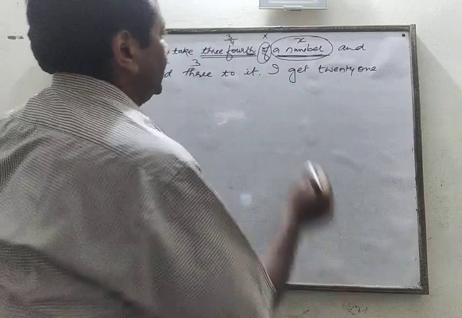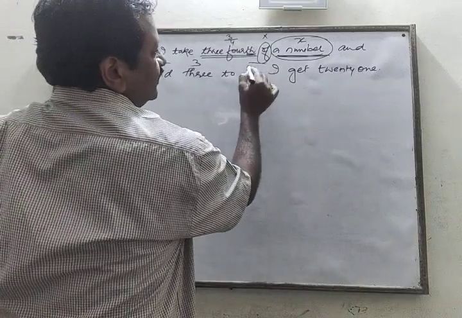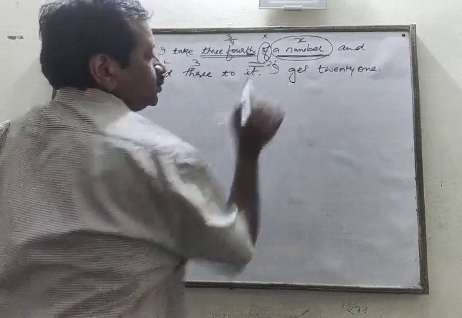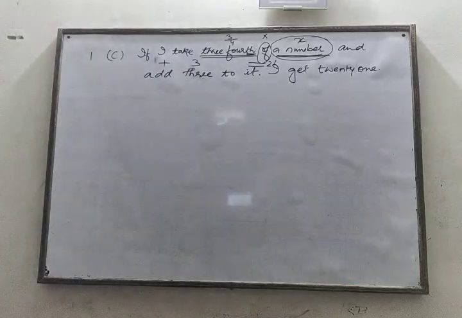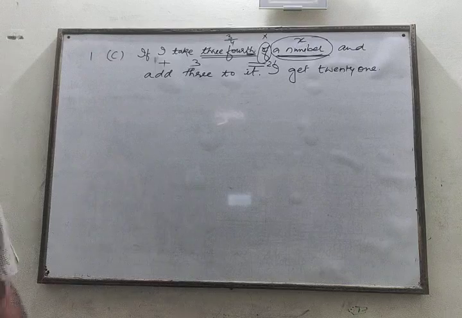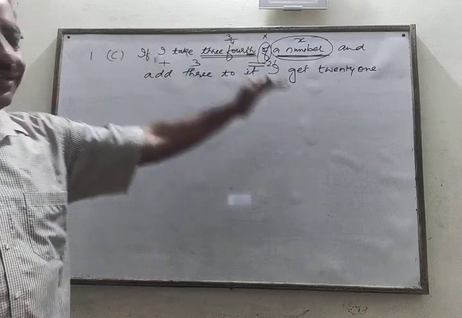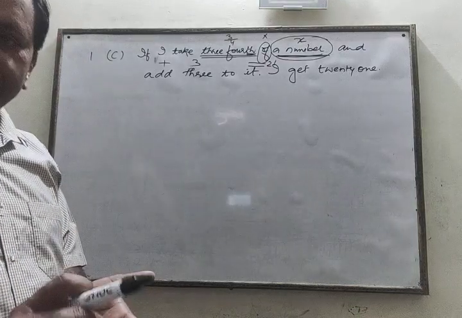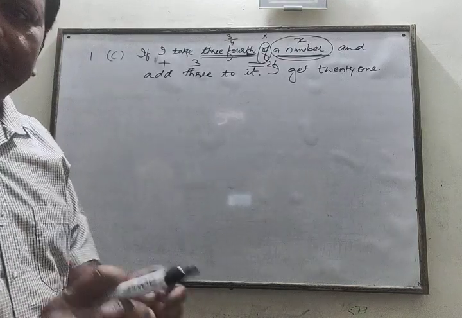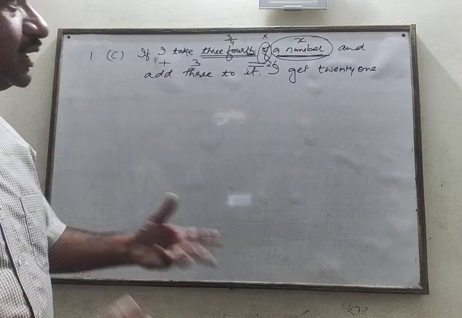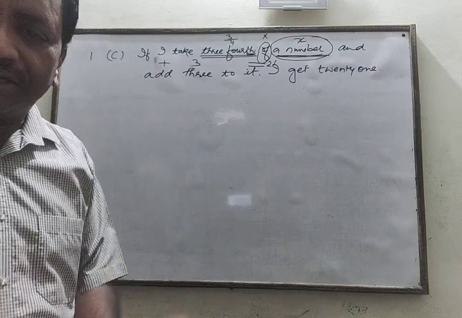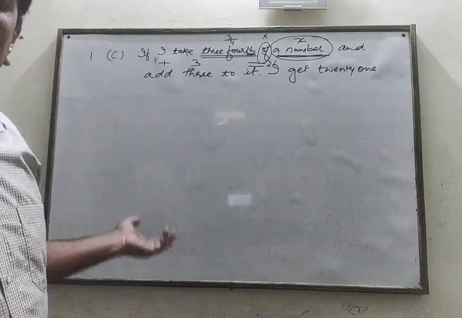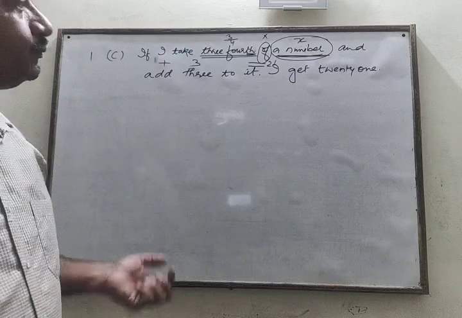I get 21. It means the answer is equal to 21. So this is the understanding part. When we are doing these questions with the help of a pencil, you can read the statement and write in the question whatever understanding you have regarding the mathematical language.